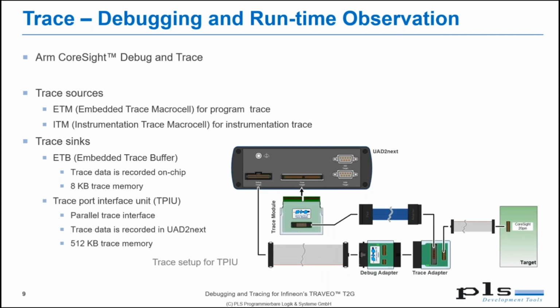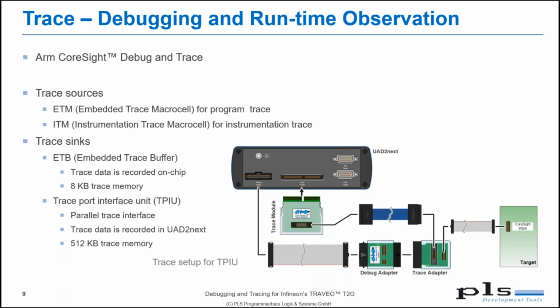However, instead of that printf function, which has a lot of overhead, you can basically write application values to dedicated so-called stimulus ports in the ITM, and these values are then output as a trace message to the trace stream.